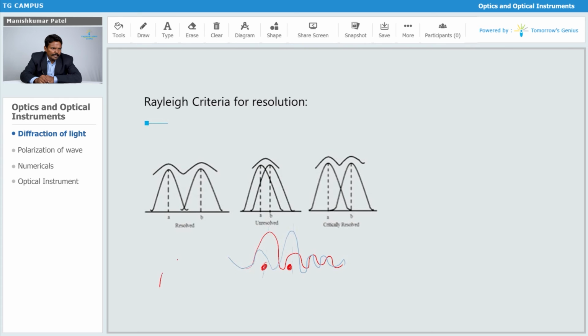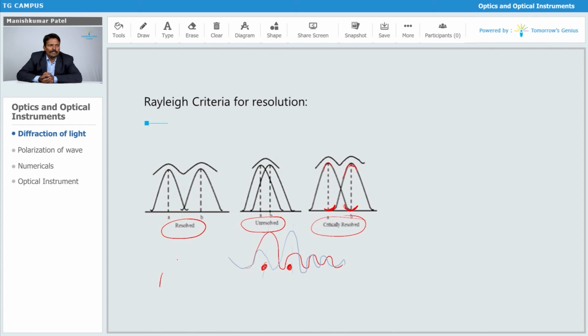Then they are just resolved properly. This one is unresolved: if they are very close to each other, you can't say they are separated, and this one is well resolved.